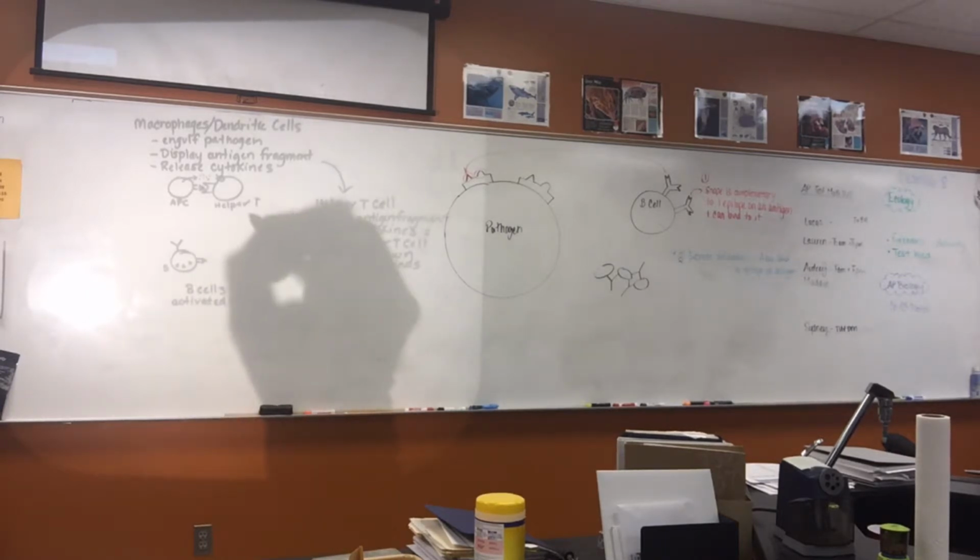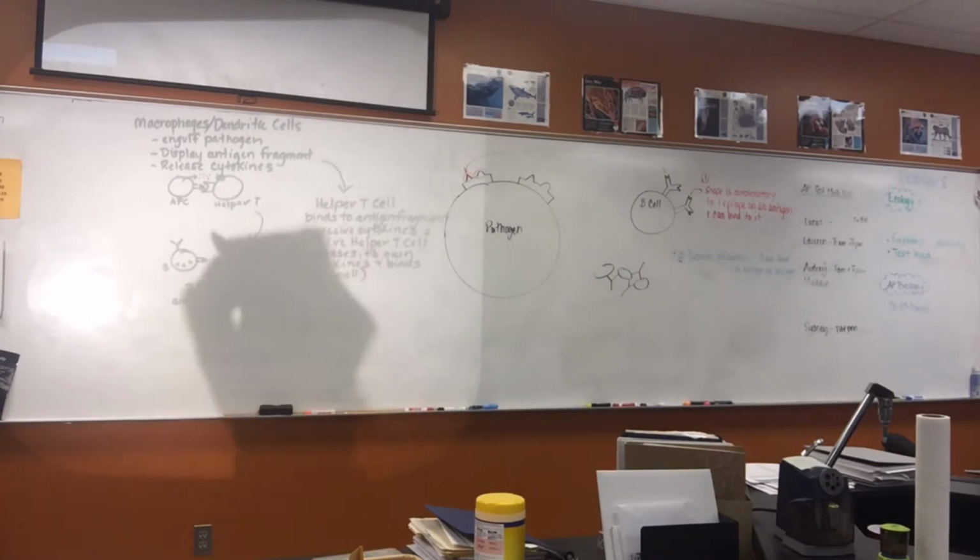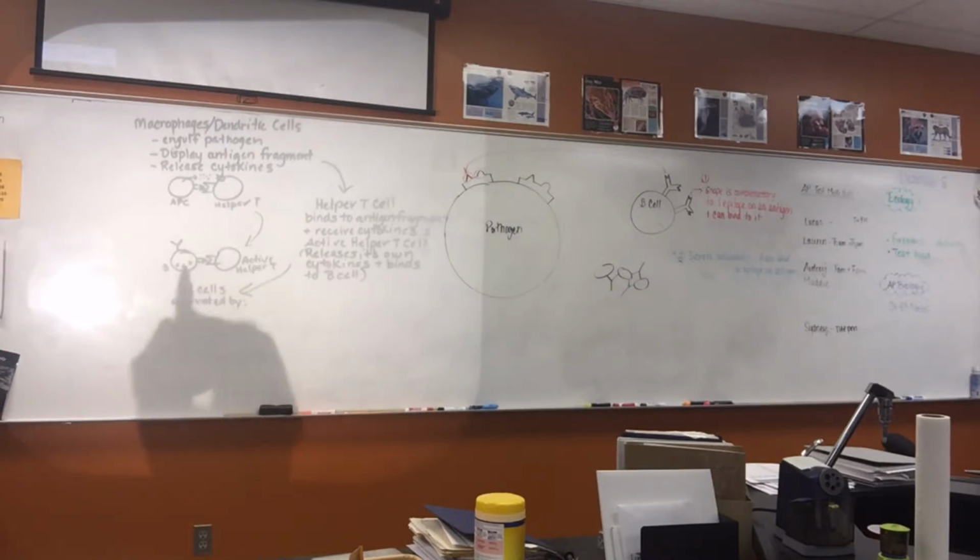So now, going from this here, the active helper T cell can now go and bind with this. So this is your active helper T cell binding with the B cell, and the B cell becomes activated by the binding of the helper T cell.